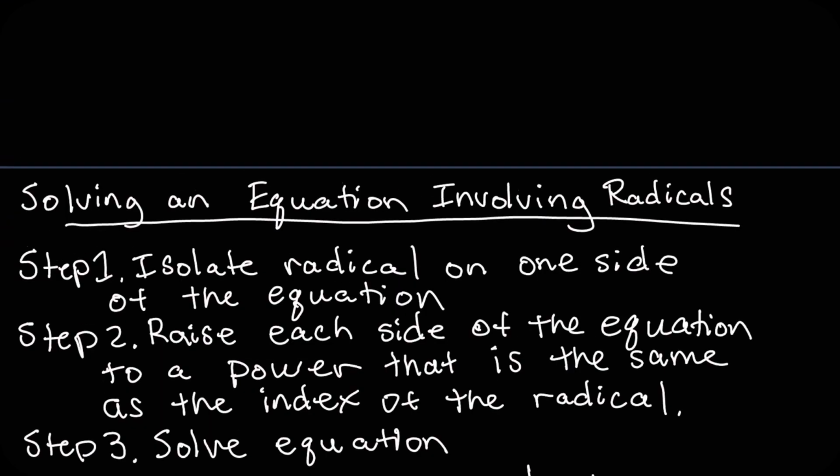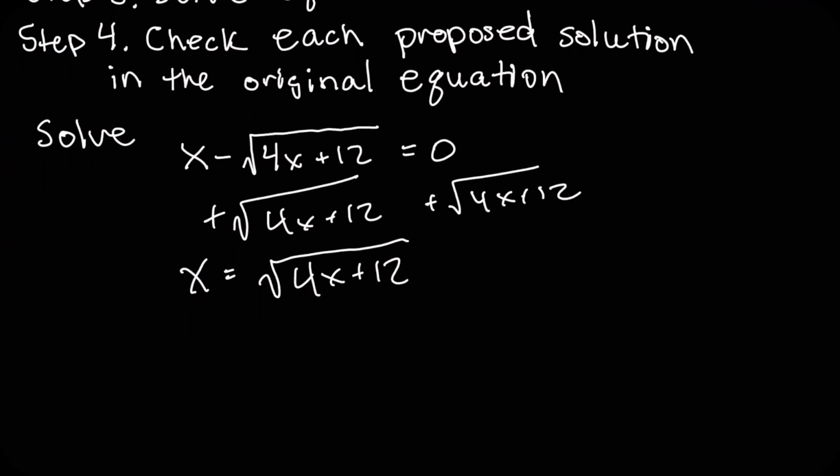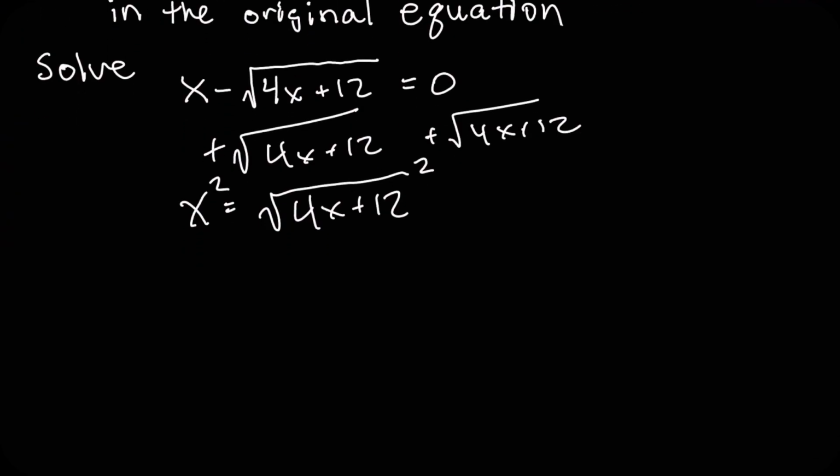So what does step 2 say? Raise each side of the equation to a power that is the same as the index of the radical. The square root, we actually need to raise it to the second power in order to undo it. So we're left with x squared is equal to 4x plus 12.